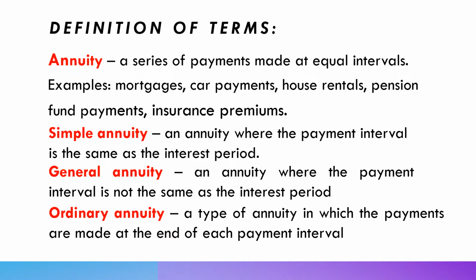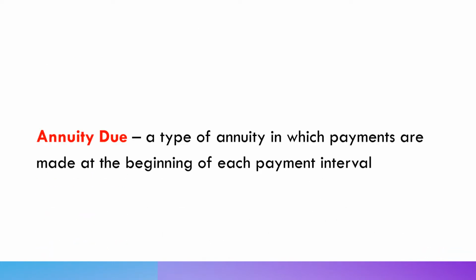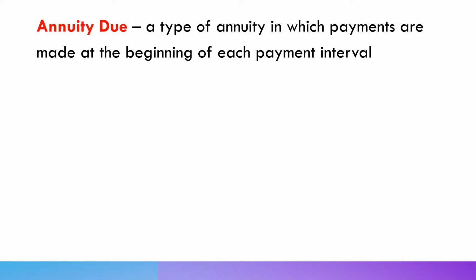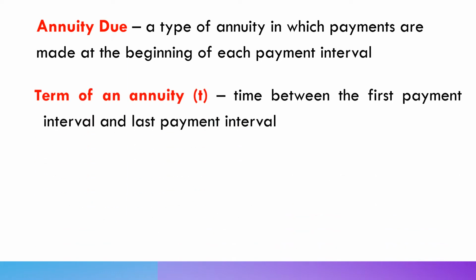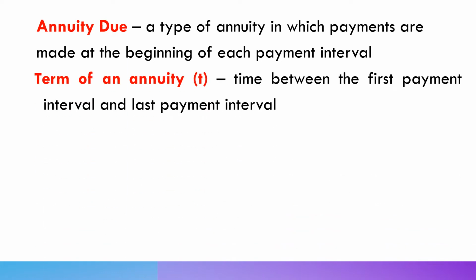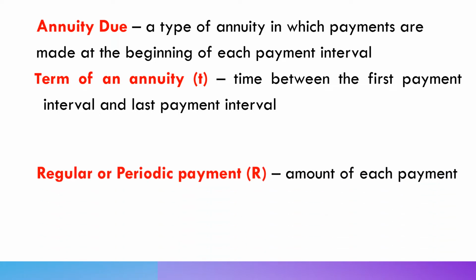Let's classify later what is a simple, general, and ordinary annuity. Next, annuity due. A type of annuity in which payments are made at the beginning of each payment interval. Term of an annuity, or T: time between the first payment interval and the last payment interval.